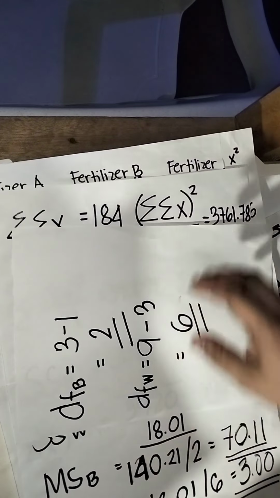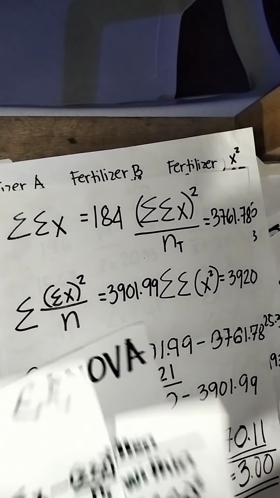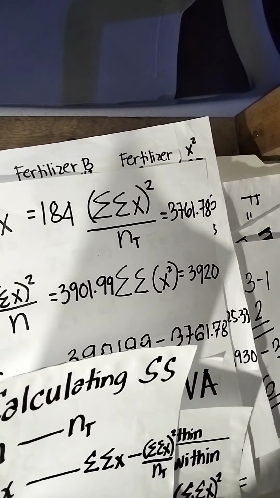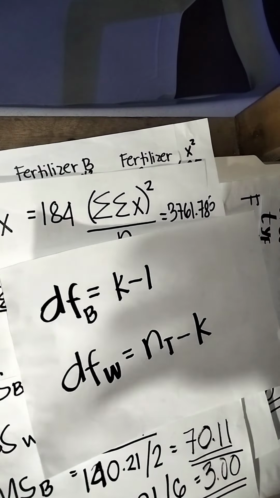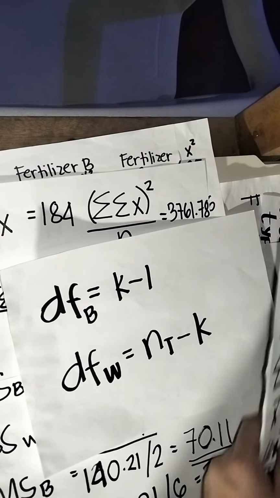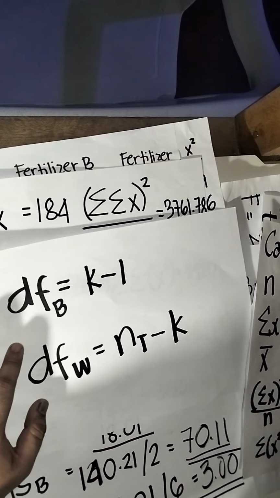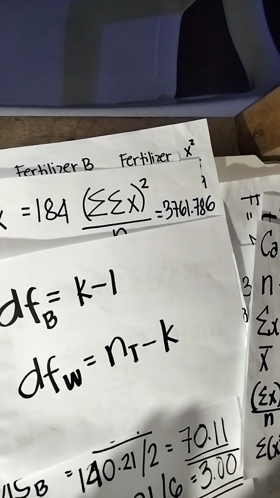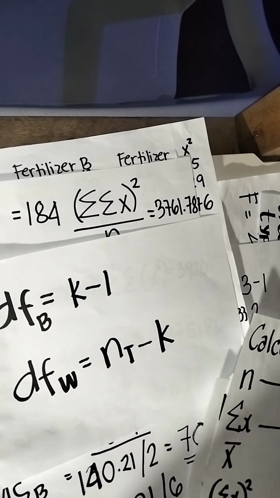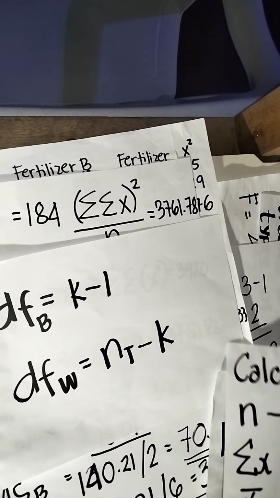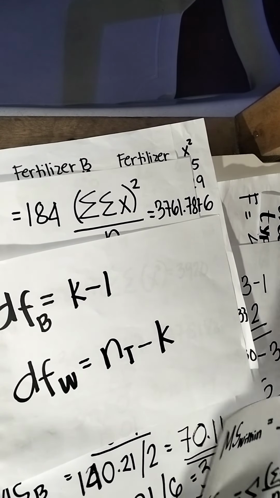So now, this is also the formula for the degree of freedom. Why is the degree of freedom important? Because it is part of our formula.